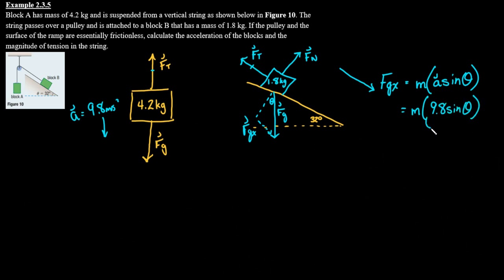So this number right here is definitely less than 9.8. Okay, so because this acceleration value here is less than 9.8, I know then that this block is actually going to move in this direction, which means that this block is going to move in this direction.